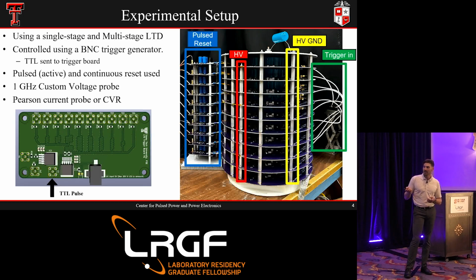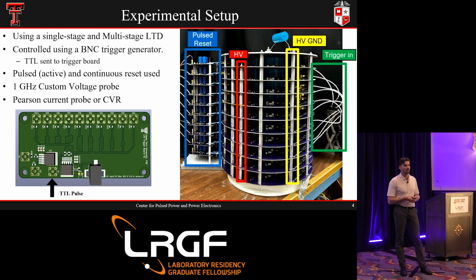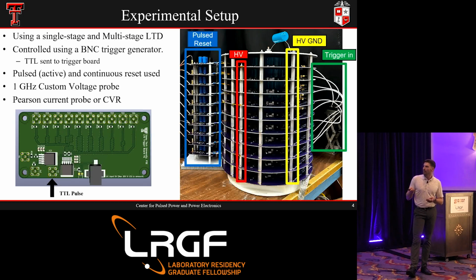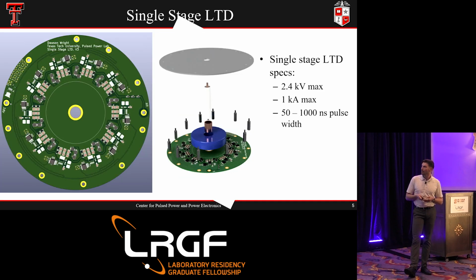We actually had to make a custom voltage probe because the voltage probes we were using weren't fast enough, and we were getting a lot of inductive spiking in our measurements. For the current probing, we used the CVR. This is just the layout: there are 10 bricks here, each with a MOSFET and capacitor, and they all flow underneath the magnetic core.